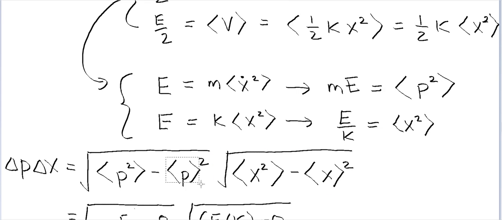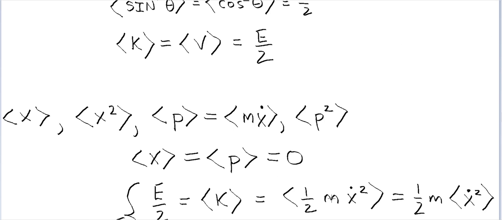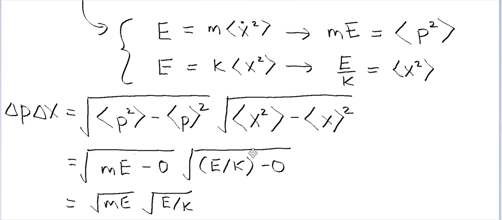But we already said that the expectation value of p and the expectation value of x were both 0, right? That was this statement. And we said that the expectation value of p squared is equal to m E. The expectation value of x squared was just E over k.